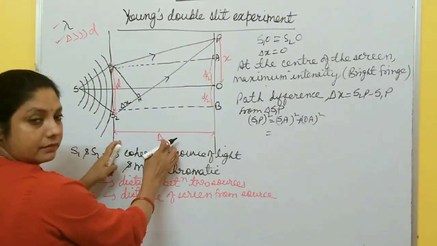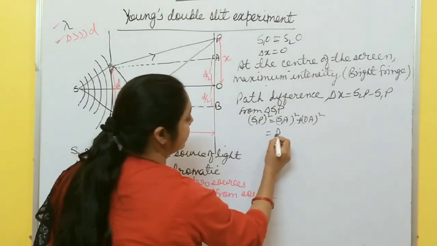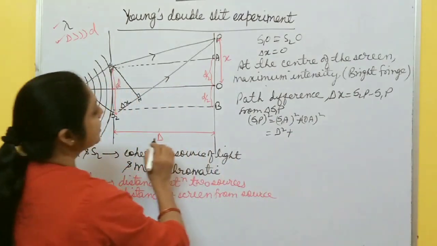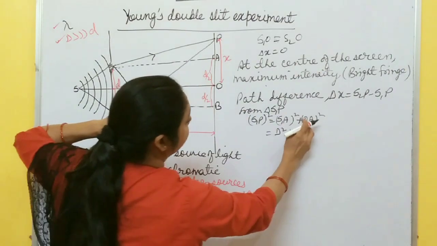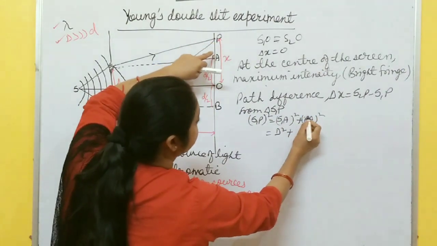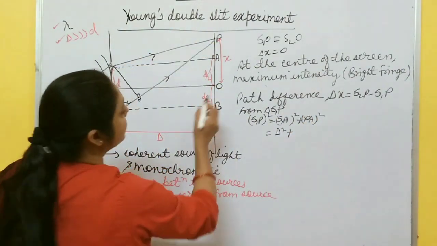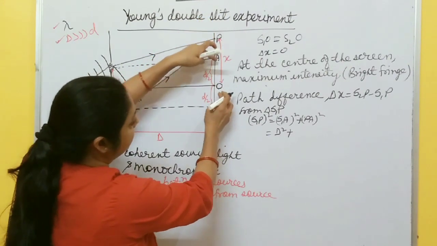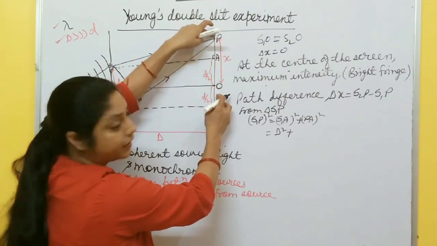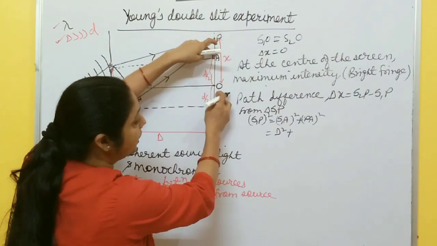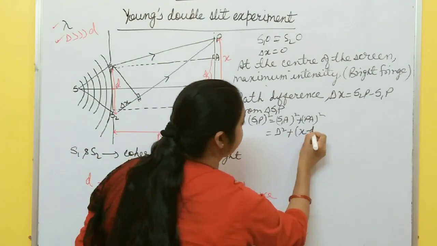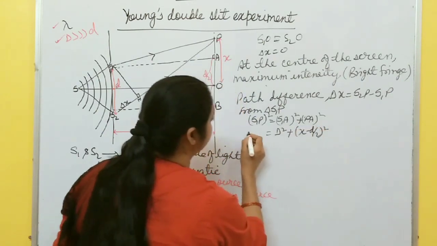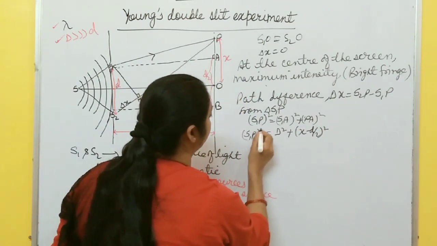S1A is capital D. So this is D square plus PA, which is OP minus OA, and OP is x, and OA is d by 2. So this is x minus d by 2 whole square. This one is S1P whole square.